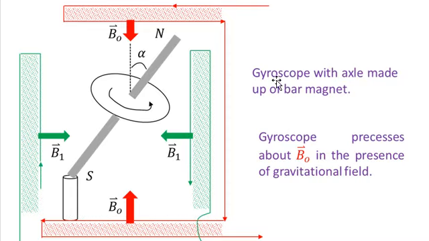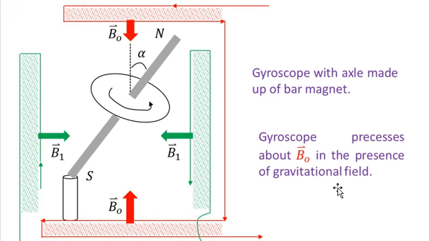So here, let me go through the text. Gyroscope with the axle made up of the bar magnet, and the gyroscope precesses about B naught in the presence of the gravitational field. So you see that in this case the gravitational field is also present, and in addition to that we have the external magnetic field B1.